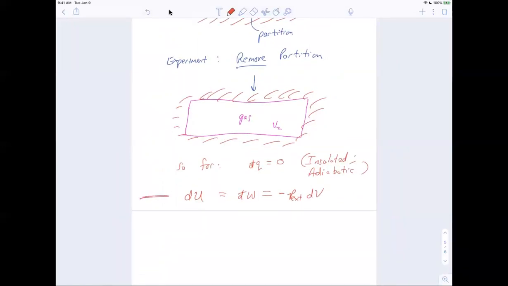Does everyone follow how I wrote this? This is the application of the first law. dU is equal to dq plus dW, but dq is 0 because it's adiabatic, so we're left with dW. And we have a very general expression for dW, because I haven't mentioned at all whether this is reversible or irreversible.